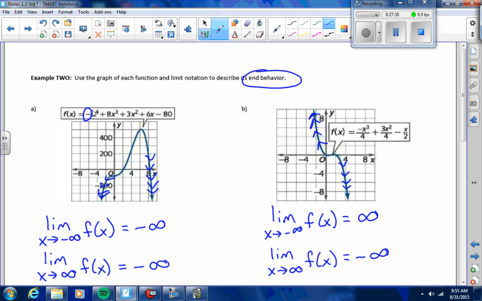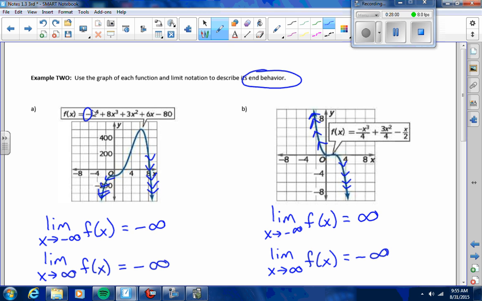Do you remember from Algebra 2 what happens? It flips. Goes upside down. So when that highest power is even, the end behaviors both go the same direction, either both up or both down when it's negative.